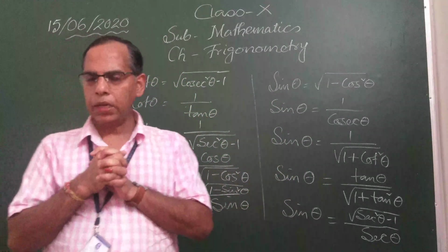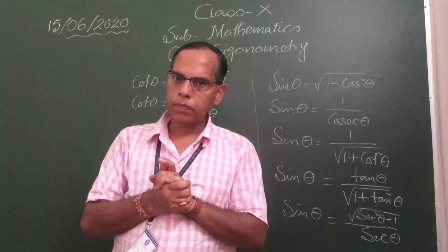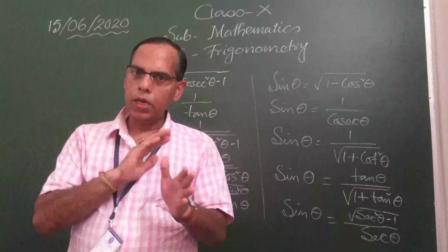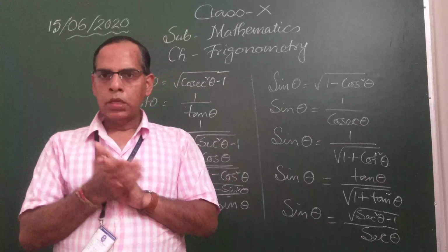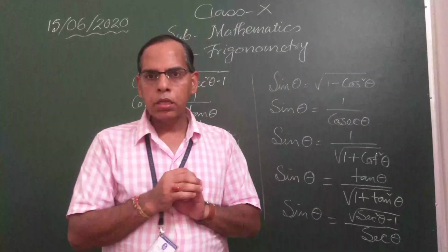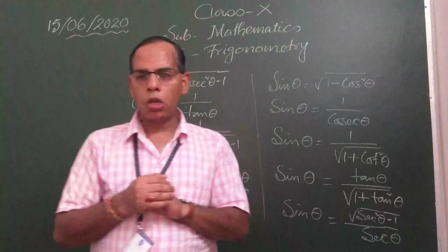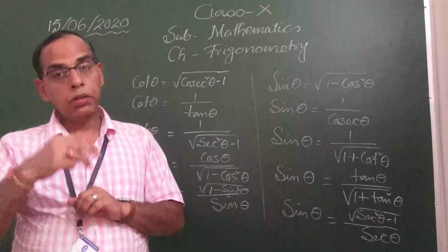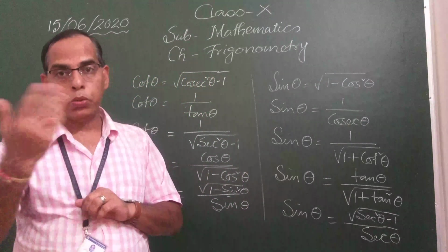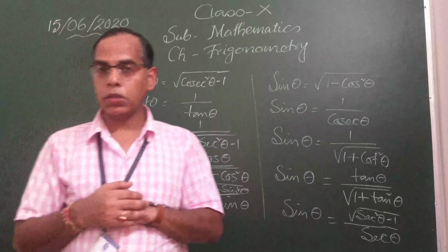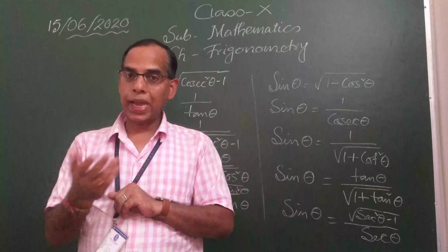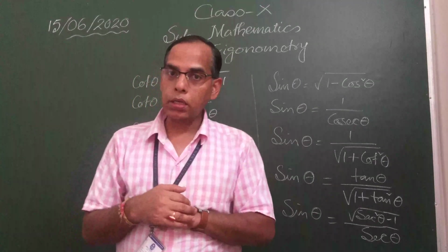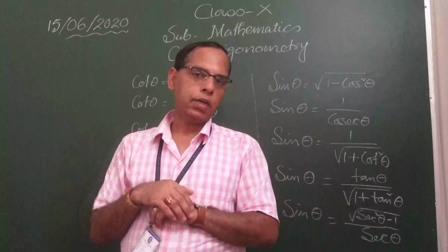Once again, if I repeat: 6 trigonometric ratios, then the relation of sine and cos in terms of tan, cot, sine in terms of cosec, sec in terms of cos, then the three important formulae, how to convert sine in terms of cos, how to convert tan in terms of cot or sec, how to convert cosec in terms of cot, and vice versa.